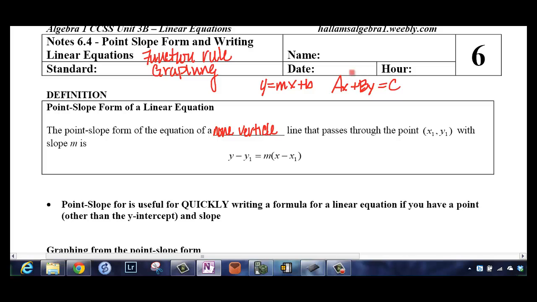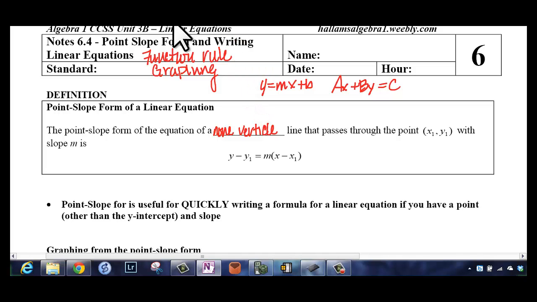Standard form is really good for graphing the intercepts, x and y intercepts. We could quickly find those by putting in 0 for either the x or the y to find the corresponding intercept. Point slope form, on the other hand, is really good for writing an equation.